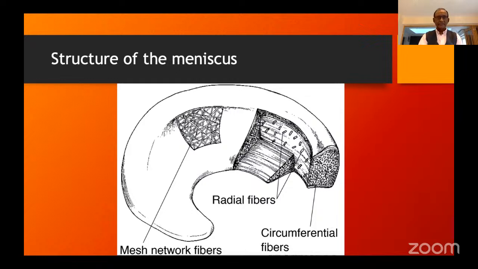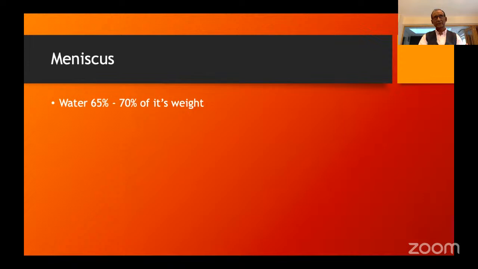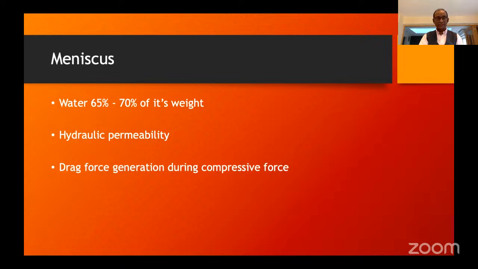It is something that is spongy, and the nature is such that it actually holds water inside it. And why does it hold water? Because it has got hydraulic permeability. It can suck water inside it. So it is not completely dry. Don't get fooled by that. And when there are compressive forces, it actually acts as a shock absorber, and that is the essential part of it.